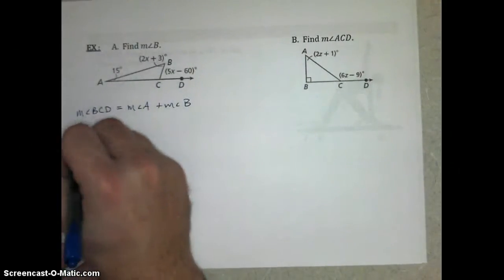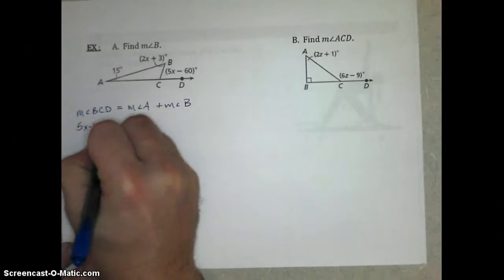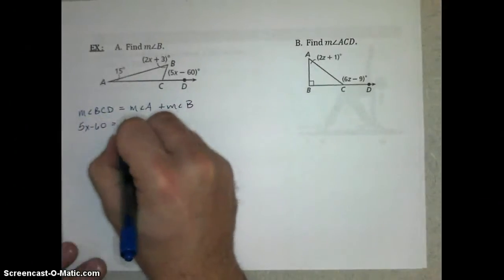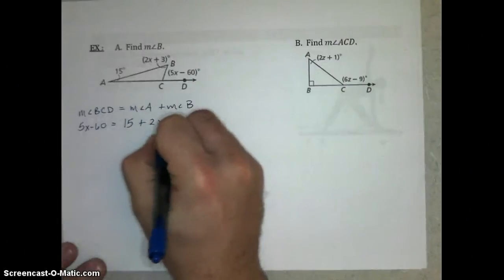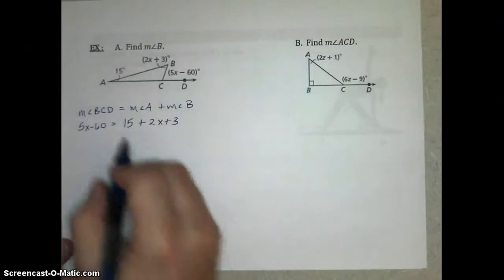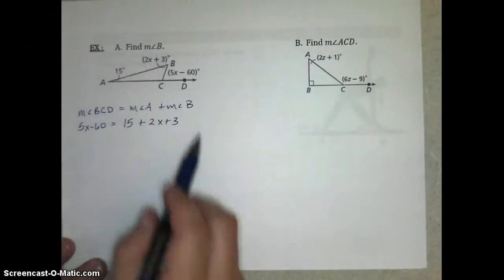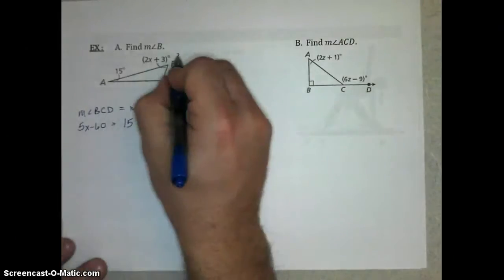This is replaced with 5x minus 60. Measure of angle A, we know for a fact, is 15 degrees, and then measure of angle B is 2x plus 3. So what we want to do is solve this equation for x and then plug it back in to find the measure of angle B.